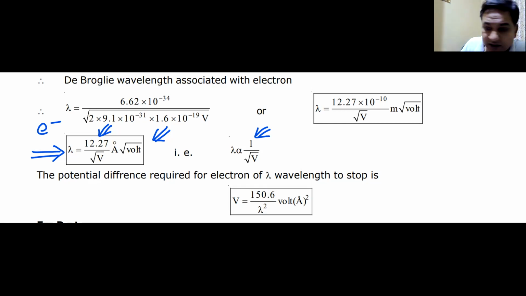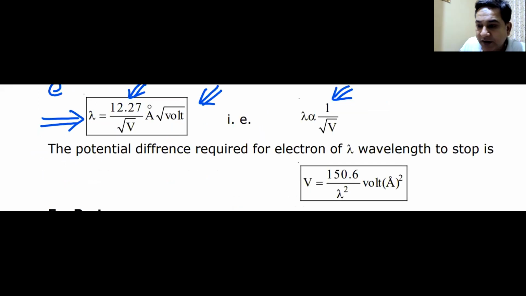De Broglie wavelength for a moving electron which is accelerated by a potential difference of V. Do we understand this?